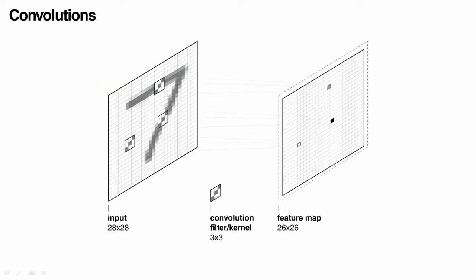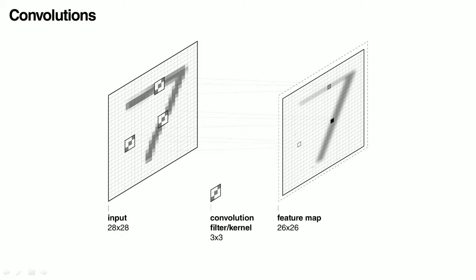And as you can imagine, the output of this multiplication will be 0 if the input is empty. So you can see it over here in this instance. The output will have some signal if there are some non-zero pixels at that location. So you can see here on the top. And the output will also have a very strong signal if that same feature, that same diagonal is captured.